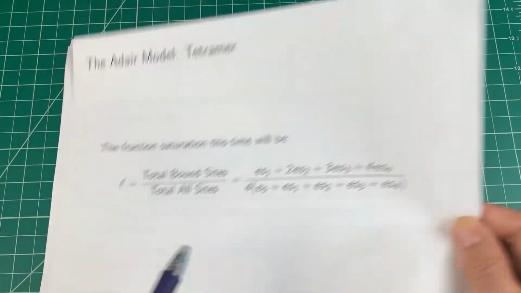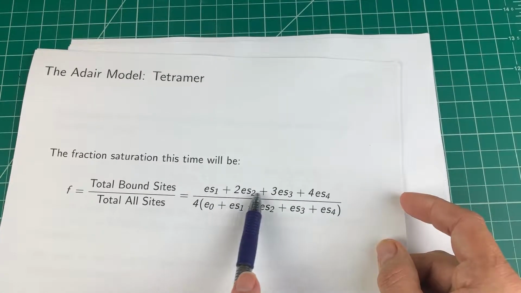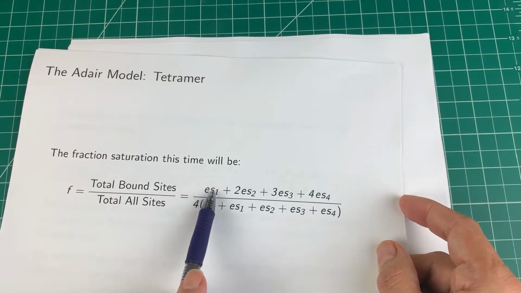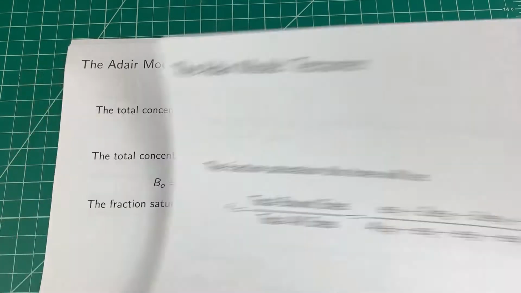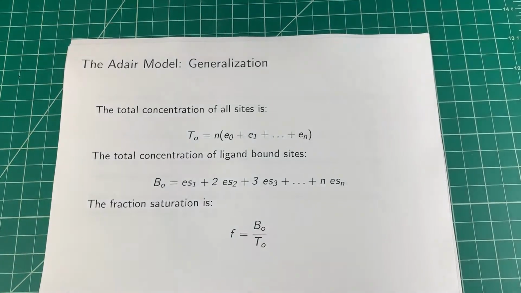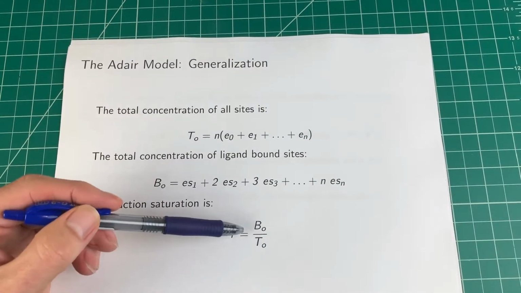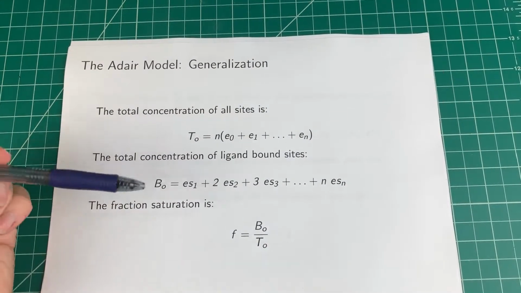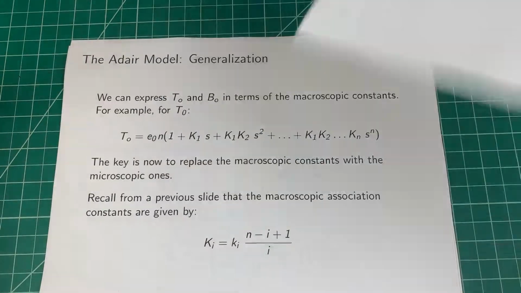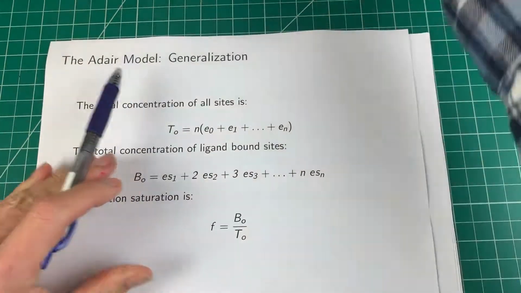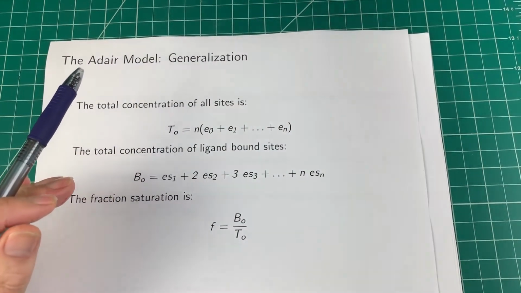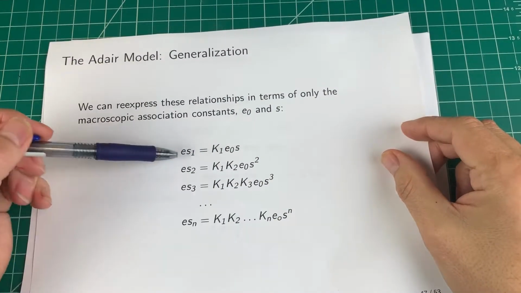And again, if you look at the tetramer I did, it goes from 1, 2, 3, 4, all the way up to n. So I then take the ratio of the B0 to T0. This is the fractional saturation. Okay, and then as before though, I now need to substitute in these terms, the ones I cascaded down.